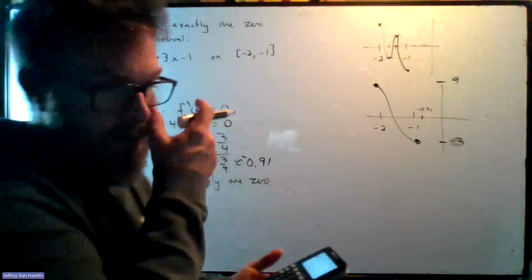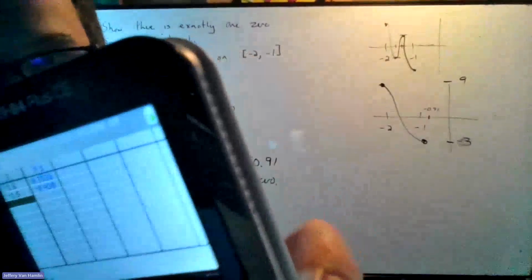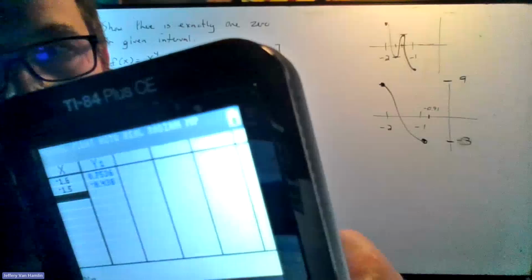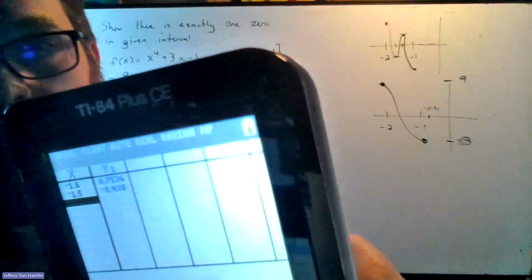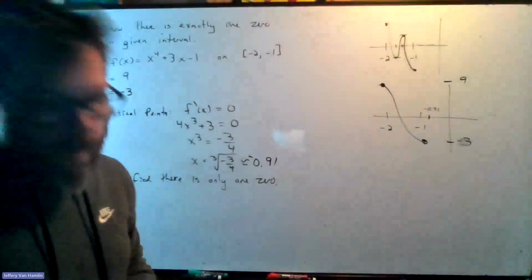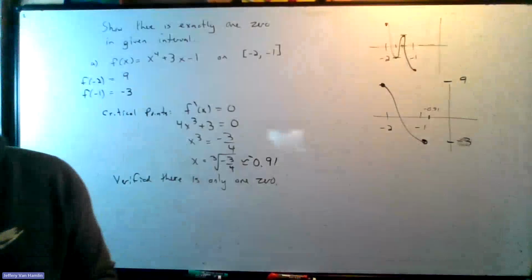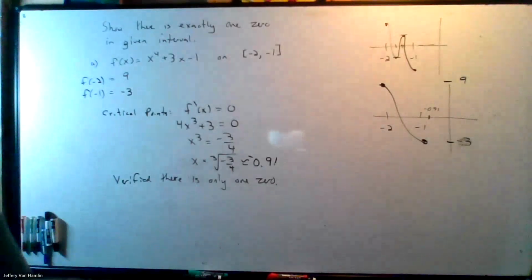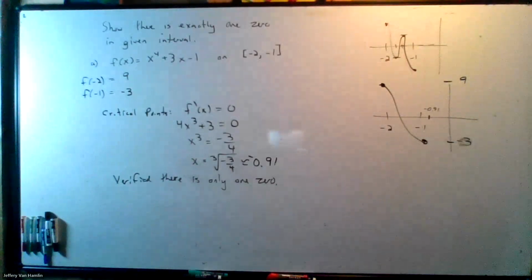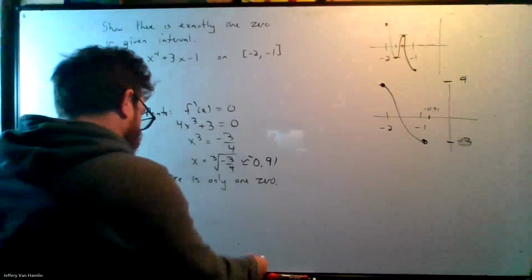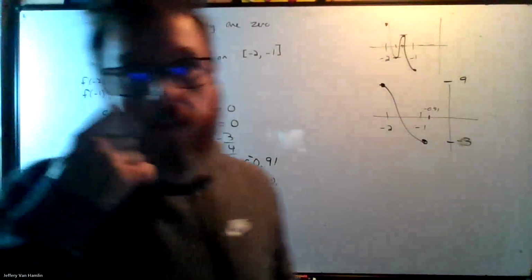There you go, I got two new ones. So -1.6 and -1.5. I can see that one output is positive, one output is negative, so it lives between there. You can continue with that process to narrow down that 0 if you choose. That's really the gist of this. So hope that helps.